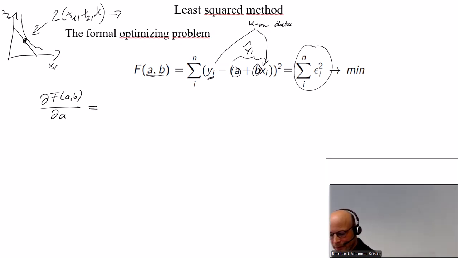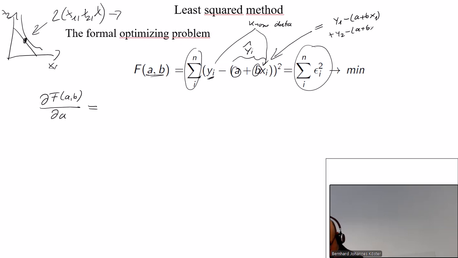How does the derivative look like? Well, maybe if you have not used this summation sign that often, then just think of this looks like (y1 minus (a plus b x1)) squared plus (y2 minus (a plus b x2)) squared and so on plus (yn minus (a plus b xn)) squared.